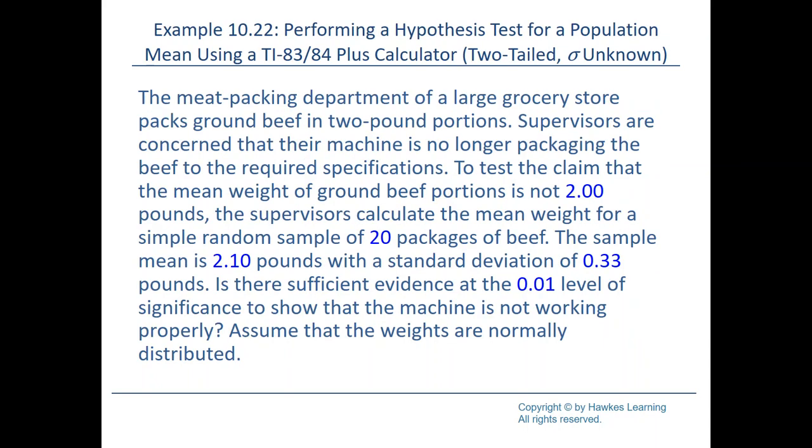Let's try this again. The meat packing department of a large grocery store packs ground beef in 2-pound portions. Supervisors are concerned that the machine is no longer packing the beef to the required specifications.